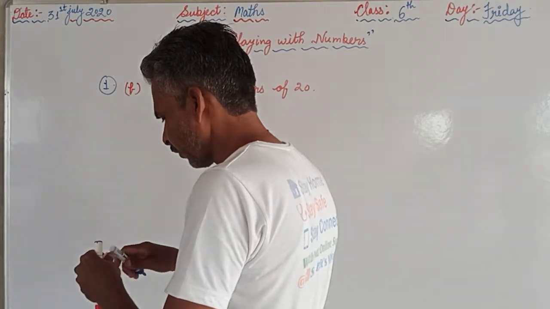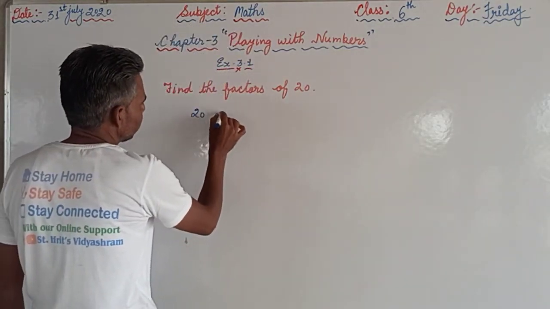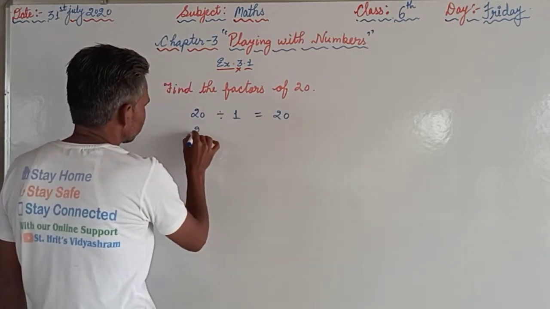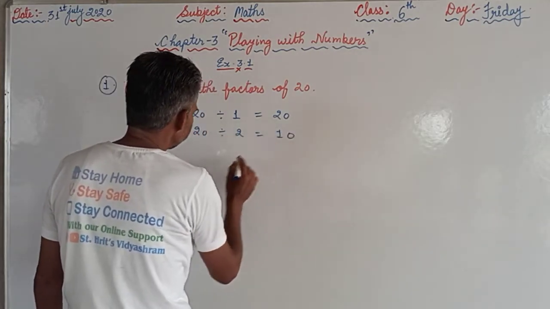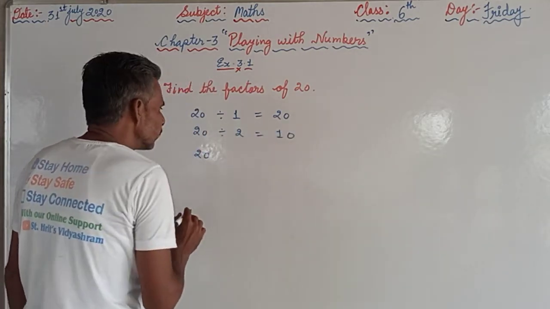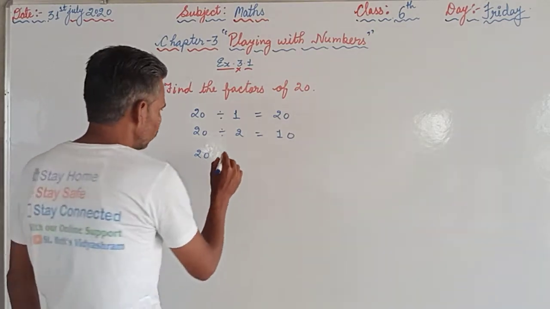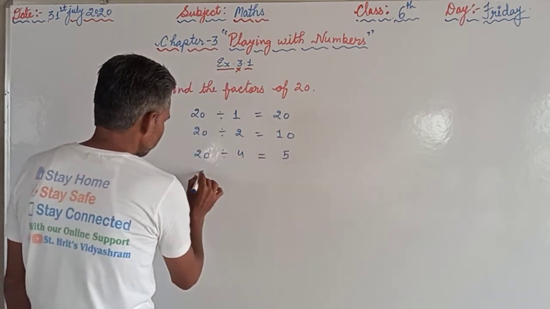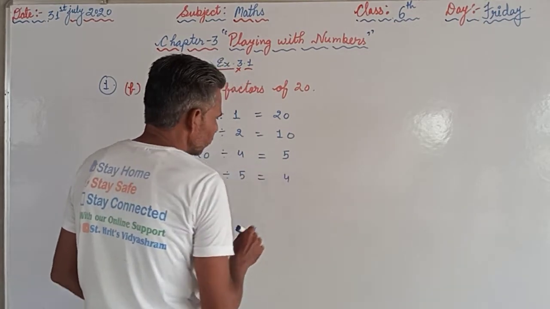So what we will do, we will divide 20 by 1, that is 20. 20 comes in the table of 2, 2 times 10 is 20. 20 does not come in the table of 3, it comes in the table of 4. 4 5s are 20. 20 comes in the table of 5. 5 4s are 20.